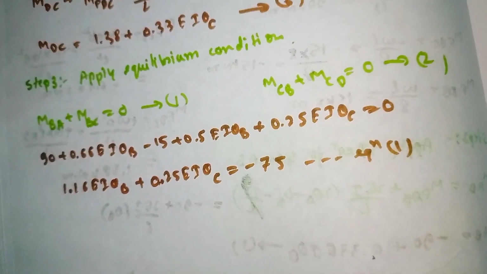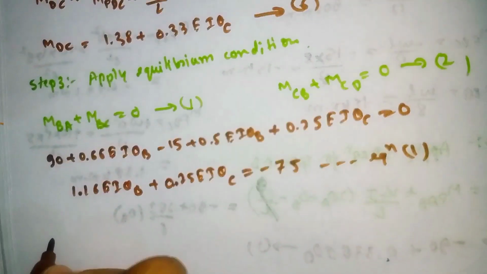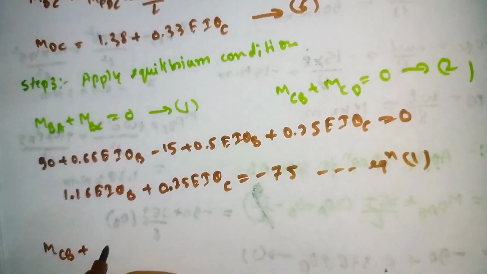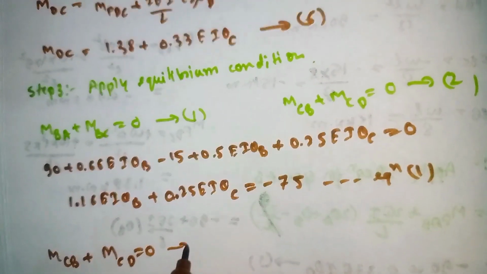Similarly, we apply the second condition, MCB plus MCD is equal to 0.